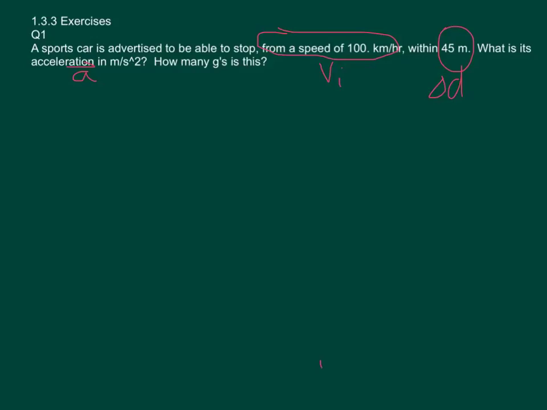Let's jot it down. I got VI equals 100 kilometers per hour. And we need to convert that, and that's 27.88 meters per second.